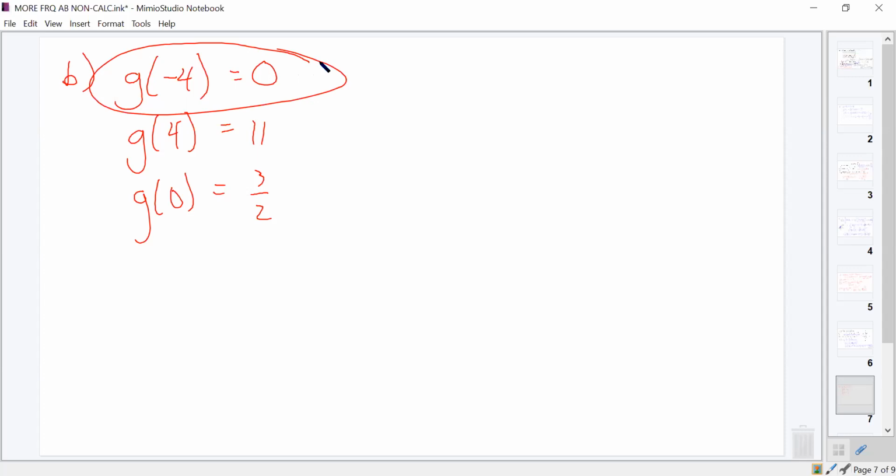And that was worth, wow, 3 points. We should note that they gave a point for you noting that g prime was f of x. So 1 point for noting that. 1 point for identifying -4 and 0 as possible candidates.